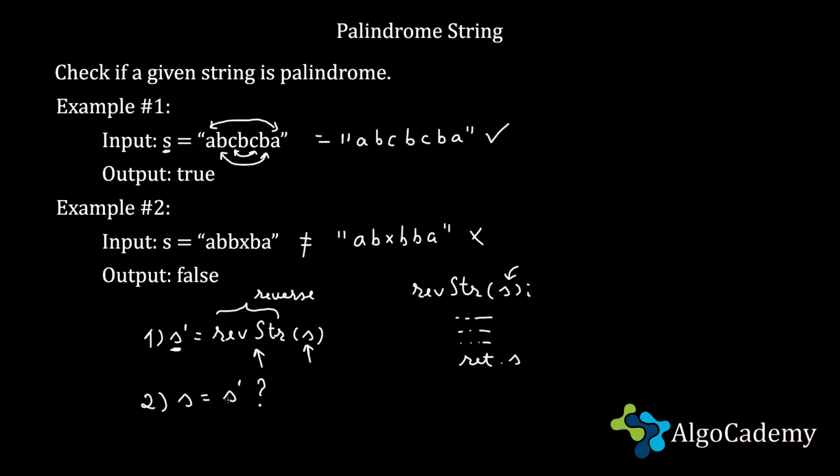Awesome. Now let's analyze the time and memory complexity of this approach. Remember that reversing a string with this approach was big O of n time complexity and constant memory. Very good. Now, what happens is that we call the function and we store the result in another string S prime.